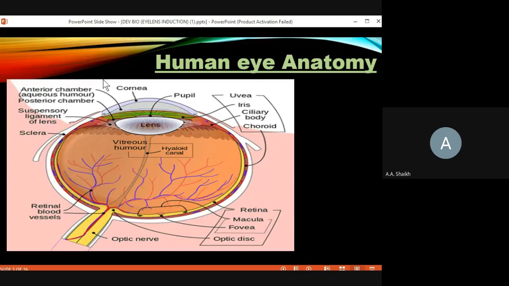So what will happen here? First of all, light is captured with the cornea. Then it moves towards the eye, and it will be refracted towards the retina portion.